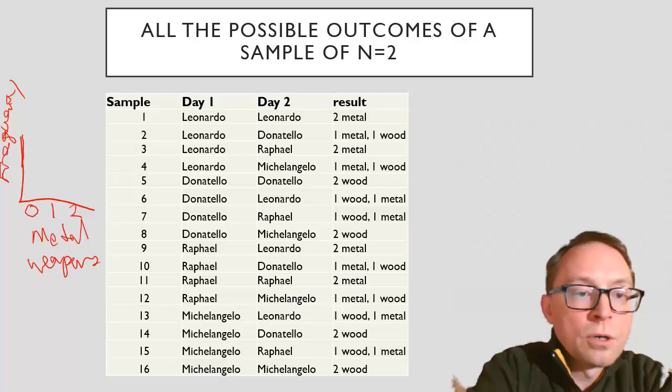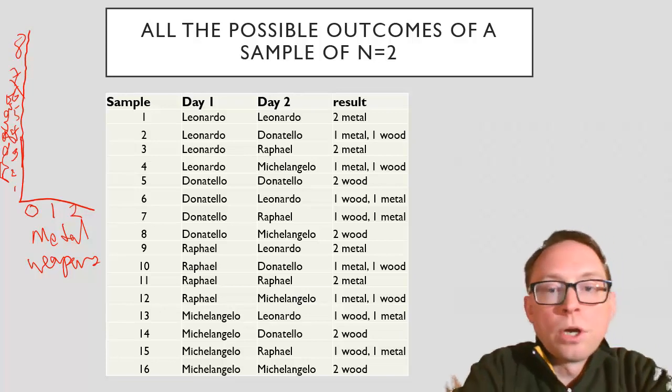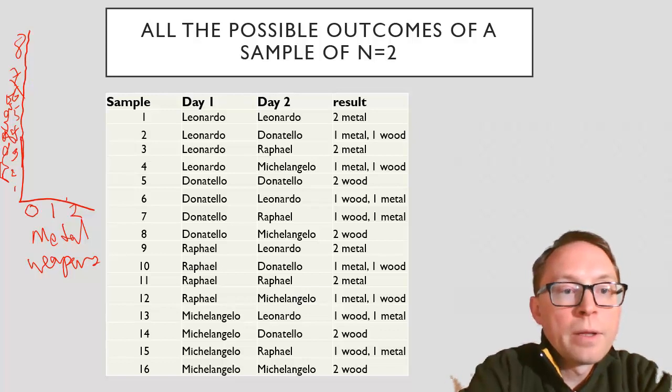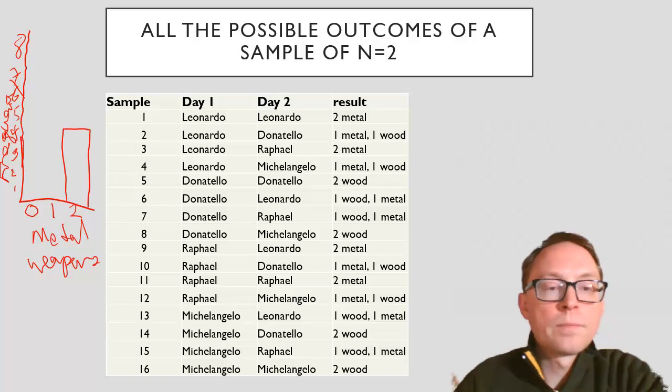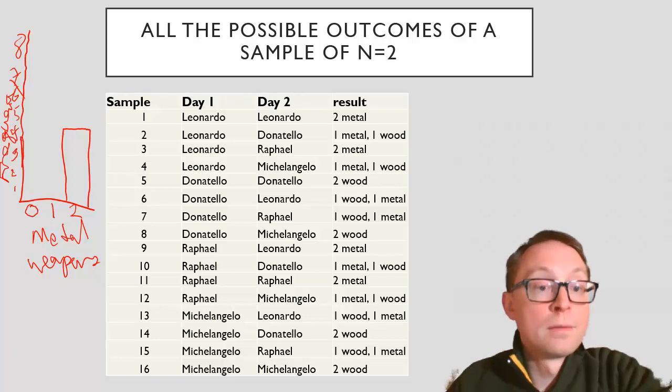So let's make this bigger, 1, 2, 3, 4, 5, 6, 7, 8. Let's take this all the way up to 8. So for 2 metal weapons, the frequency is 4. Okay. There it is. Notice how we're making a histogram, right?